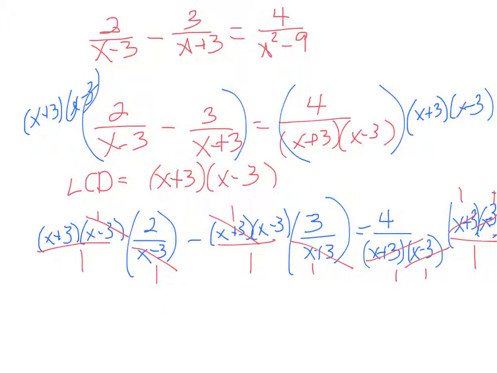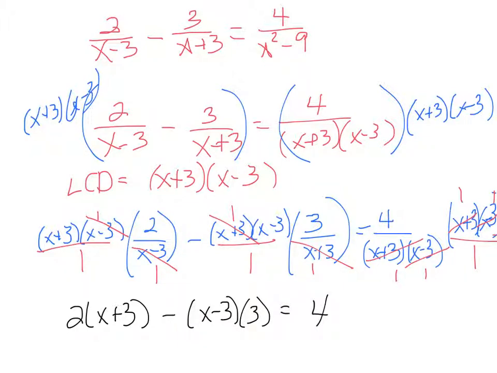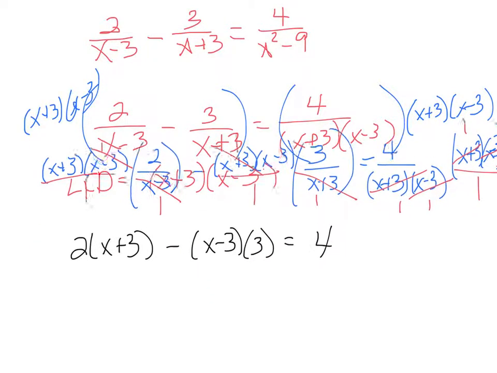So now we're looking at a much simpler expression. 2 times x plus 3 minus x minus 3 times 3 should be equal to 4.